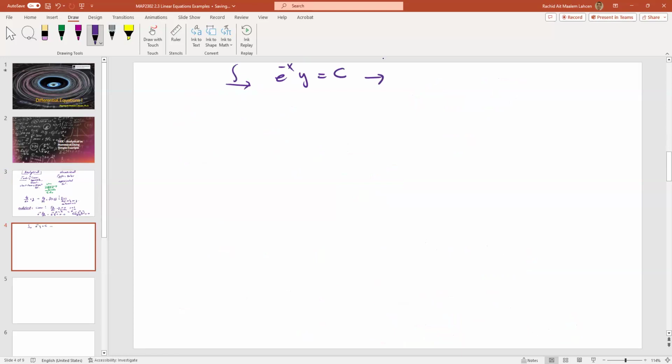And now multiplying by e^x, or dividing by that factor, will give us y equal to, let's put C first, even though it doesn't matter, but just for a look.